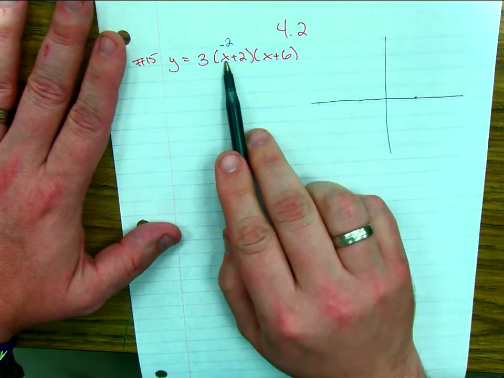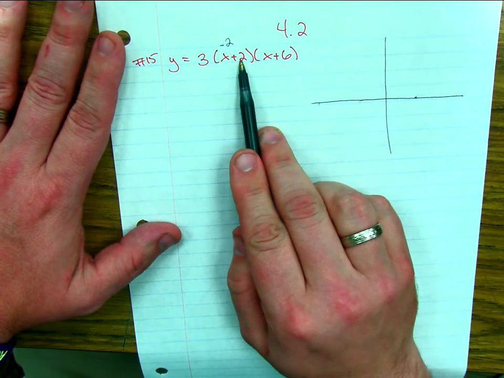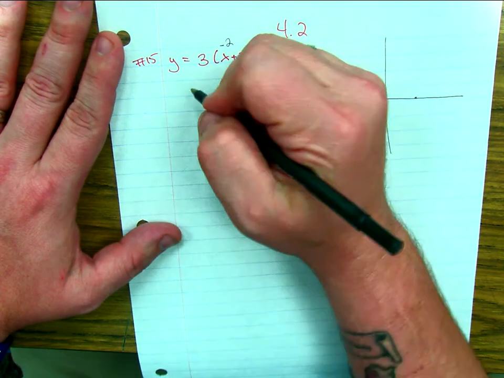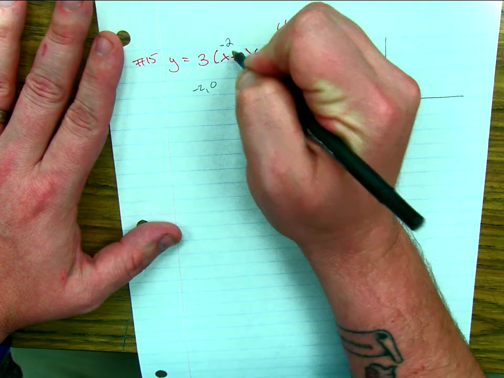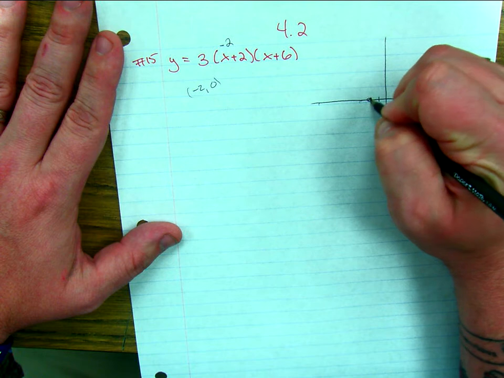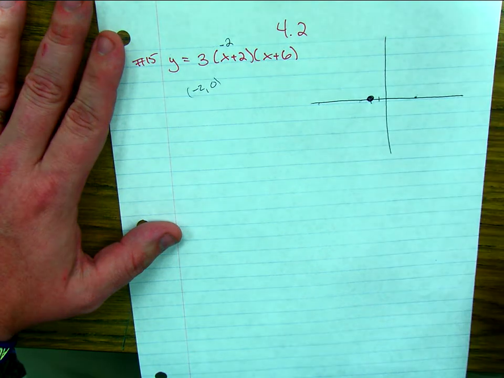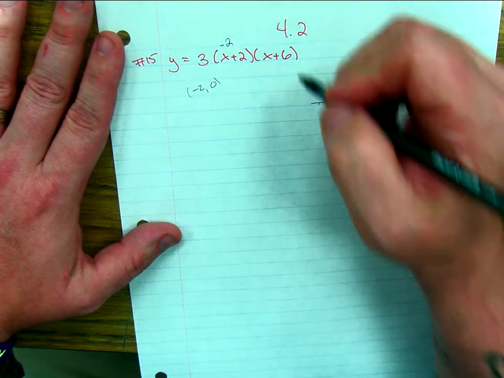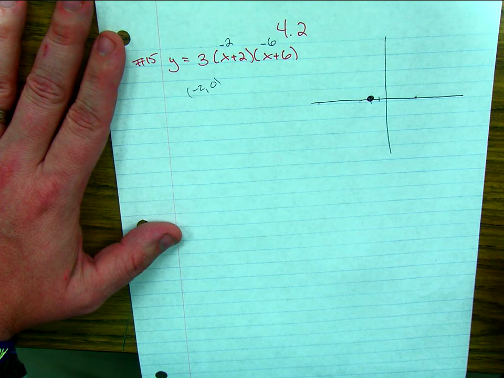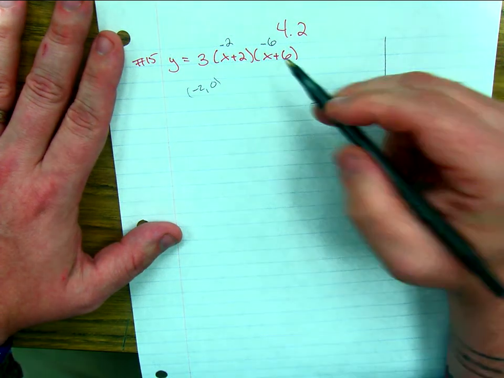When I plug in -2, -2 plus 2 is 0, times 3 is 0, times whatever this is 0. So I know that -2, 0, because that's what y would be, is one of our points. I also know by that logic that -6 has to be one of our points. -6, 0.